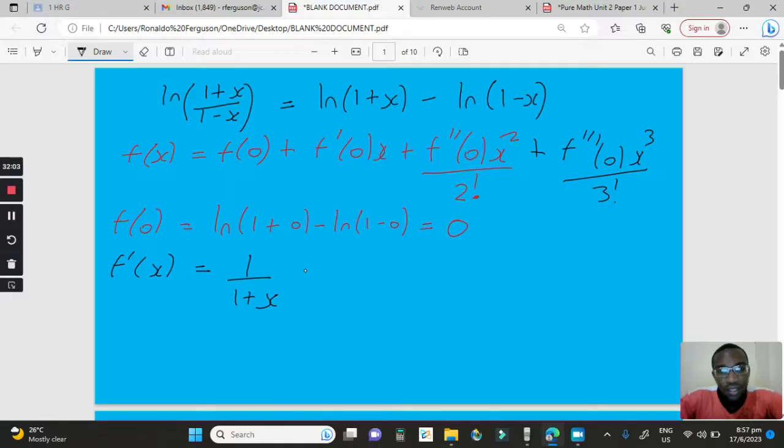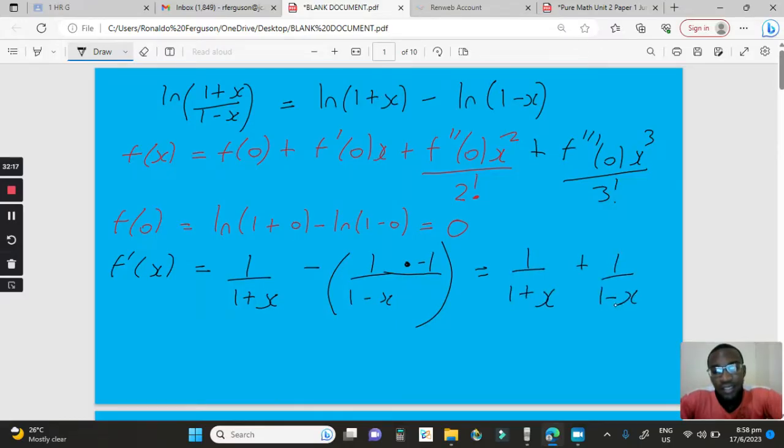This part, minus, differentiate that part, we get 1 over 1 minus x times negative 1. But then minus and minus, let it be plus. So it's 1 over 1 plus x plus 1 over 1 minus x. So f prime of 0, plug in 0, is 1 plus 1, which is 2.